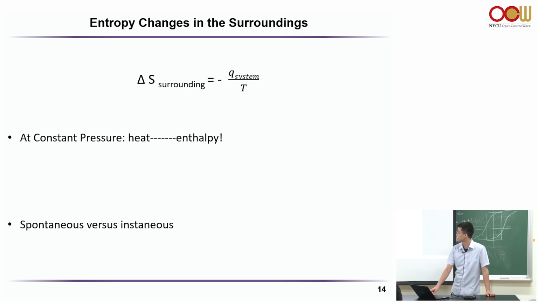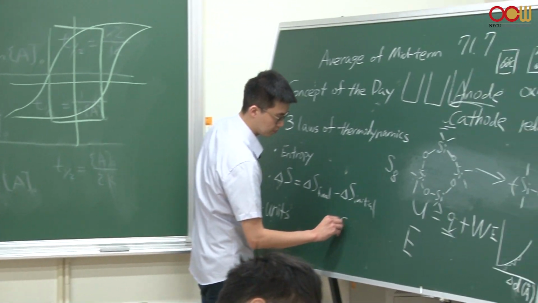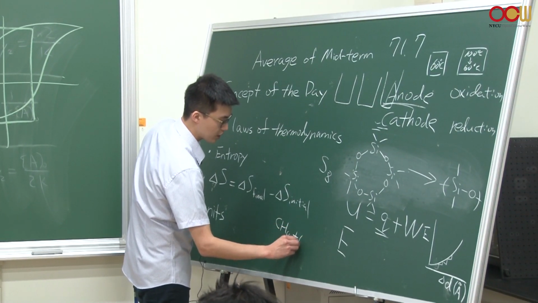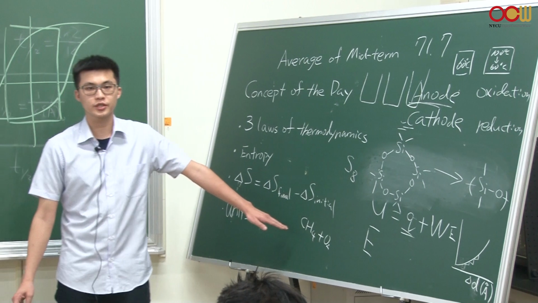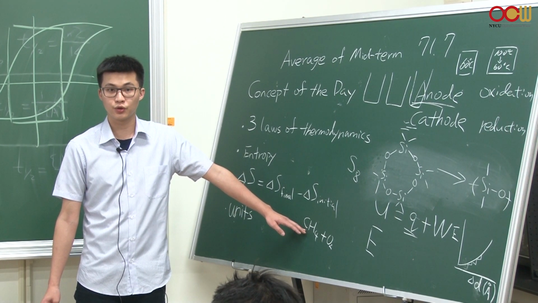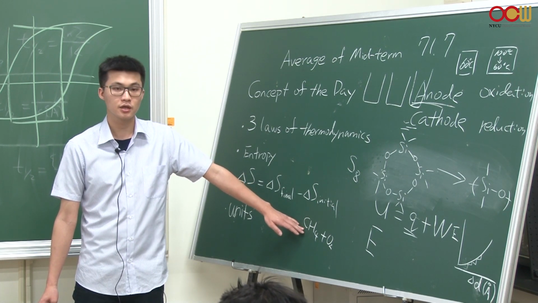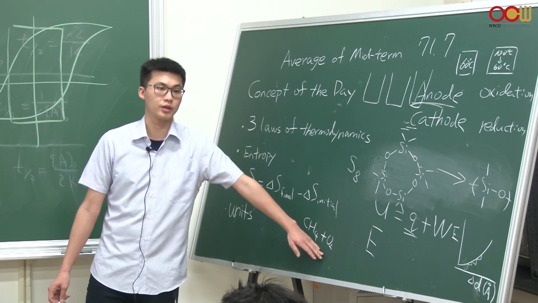So I want to differentiate these two words, spontaneous versus instantaneous. For a spontaneous chemical system, it doesn't mean it will occur instantaneously, right? So let's think about we mix methane with oxygen. Unless you use a spark to trigger the reaction, where it generates enough heat to trigger the next combustion process, it's safe to mix methane with oxygen.